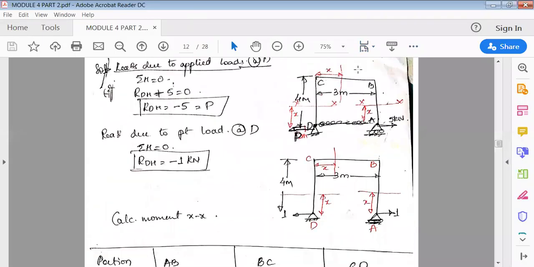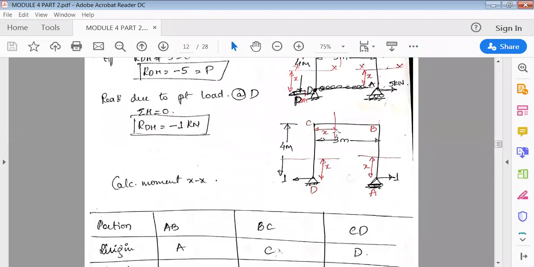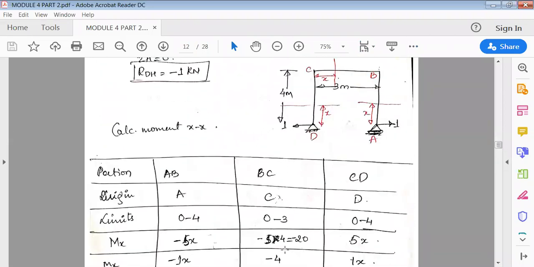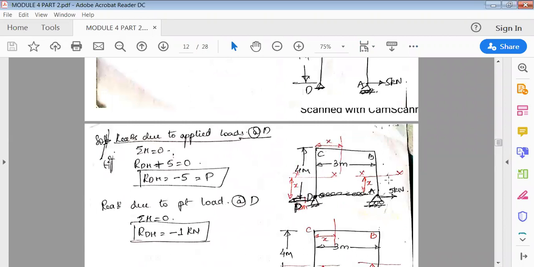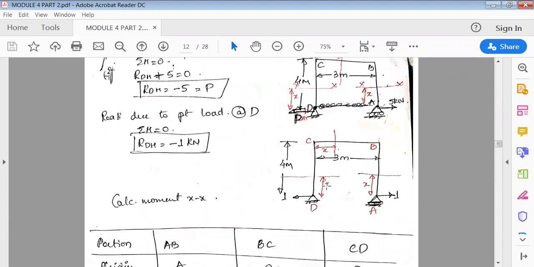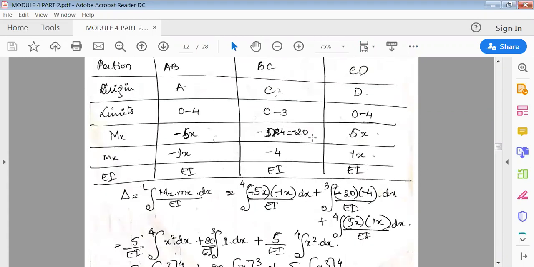Next, when you cut the section in BC, the external load 5 is a force into its perpendicular distance. Again, this is going anti-clockwise, so minus 5 into 4 is 20.